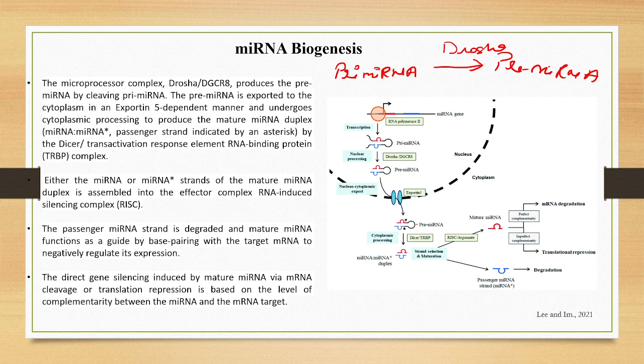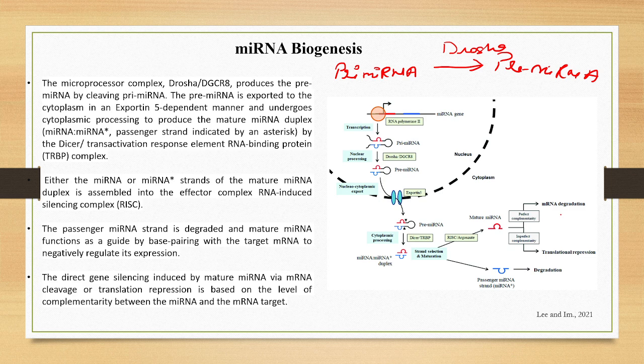This is your pre-miRNA, and this pre-miRNA is acted upon by Dicer, and then you can see that this kind of duplex is formed. The miRNA duplex goes to the RISC compartment, and from here it performs its function, which is either translational repression or mRNA degradation.